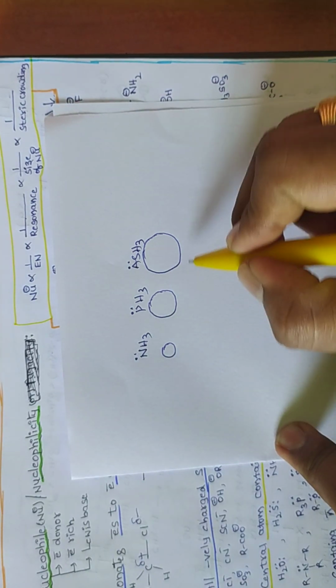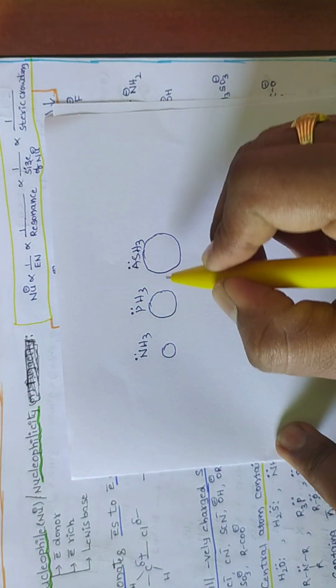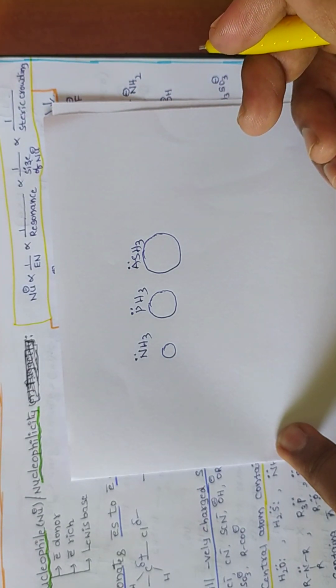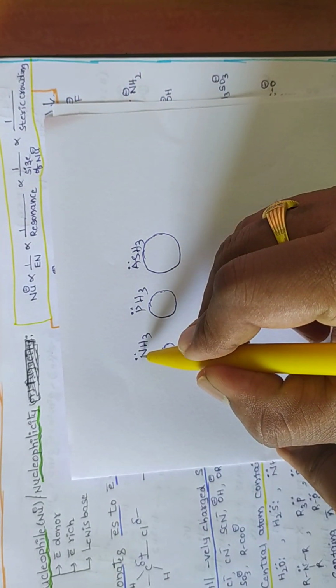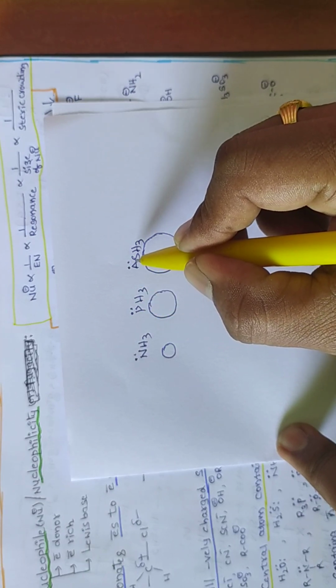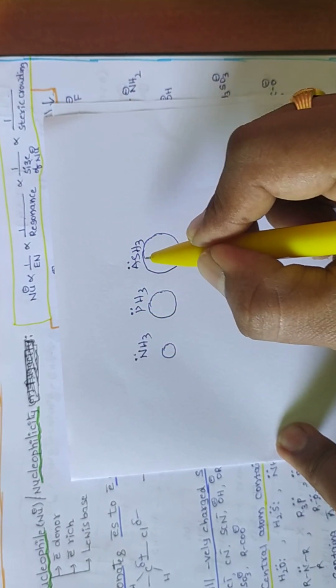If the size of an atom increases, dispersal of electrons takes place. Nitrogen contains 5 valence electrons, 2s2 2p3.